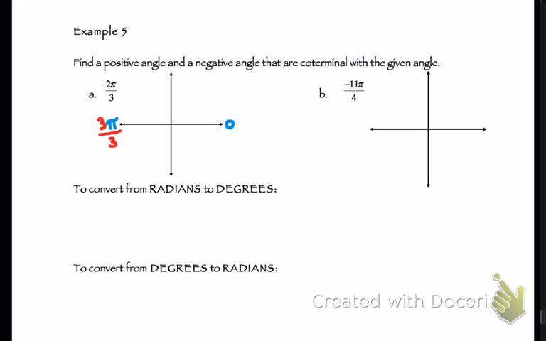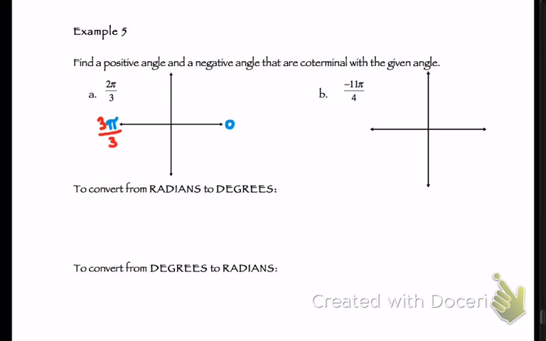Well, what I can do on the left-hand side is I can simply make that 3 pi over 3, because think about it, if I were to cancel out these 3's, I'd get pi back. So the reason I made it 3 pi over 3 was because, look, this fraction is over 3. So in letter B, I'm going to make them into fractions over 4. Okay, so think about that as we keep going.